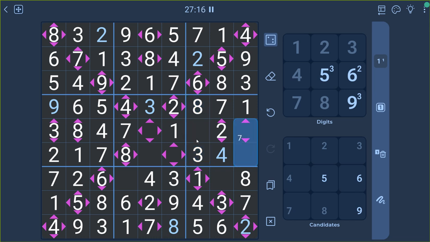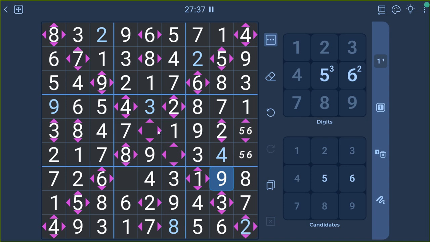This is a 6, 9. No, it's not. This is a 5, 6. Meaning the 9 goes here. 9 goes there. 9 goes here. 5, 5, 6, 6, 5.